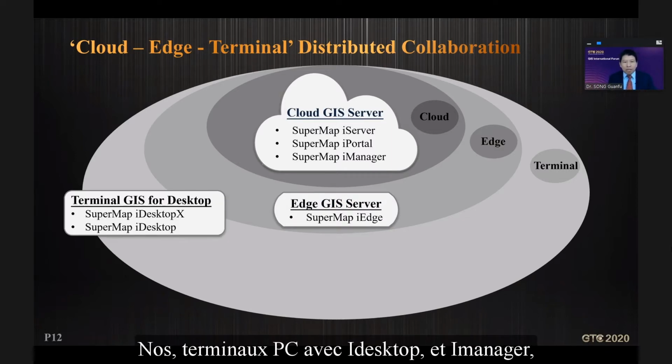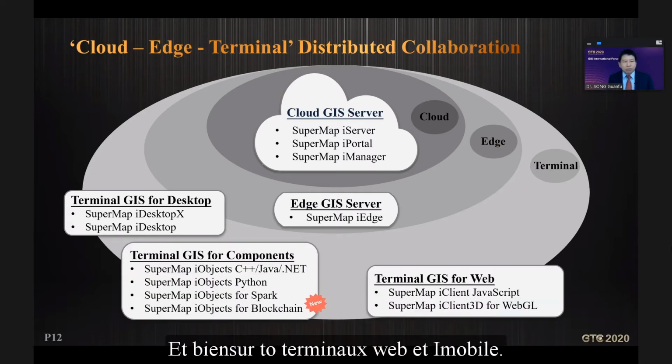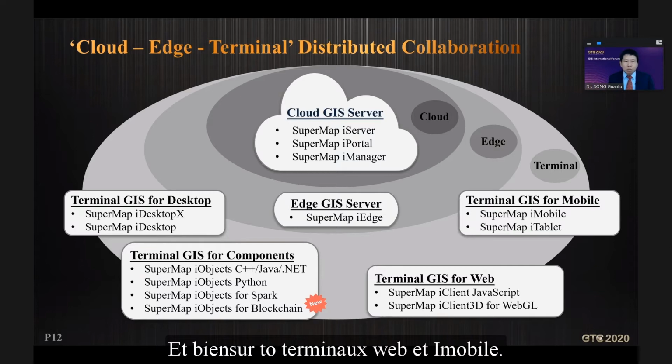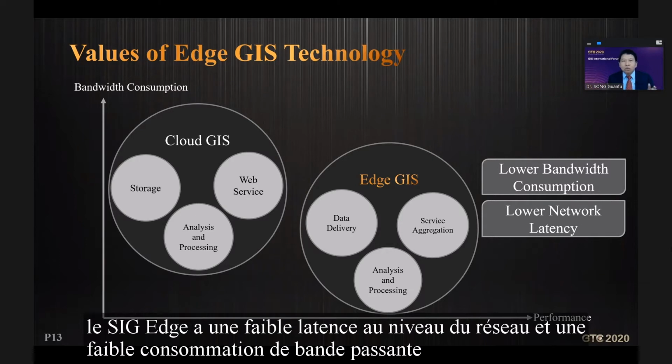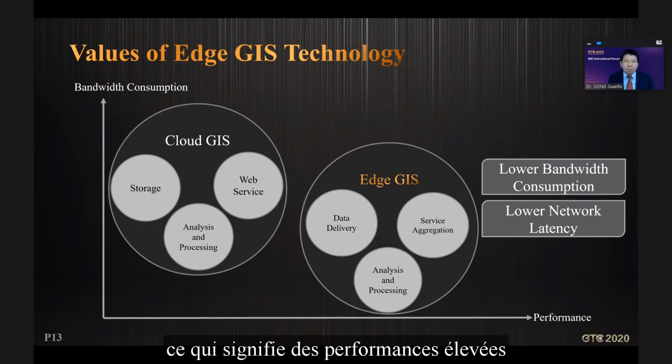Also, we provide terminal GIS for desktop, components, web, and mobile. Compared with Cloud GIS, the edge GIS has low network latency and bandwidth consumption, which means high performance.